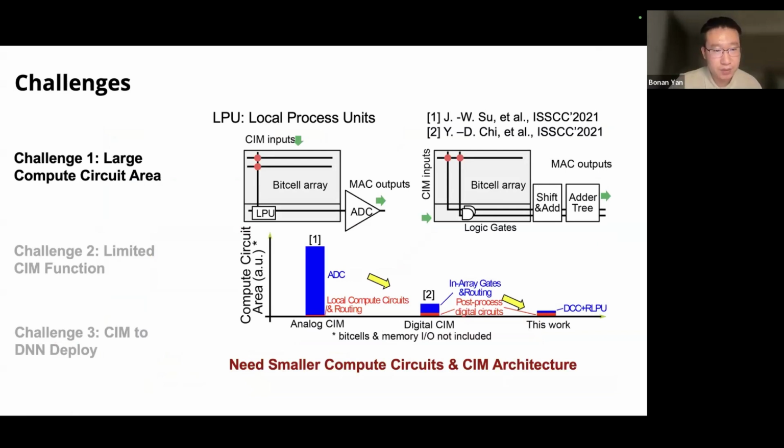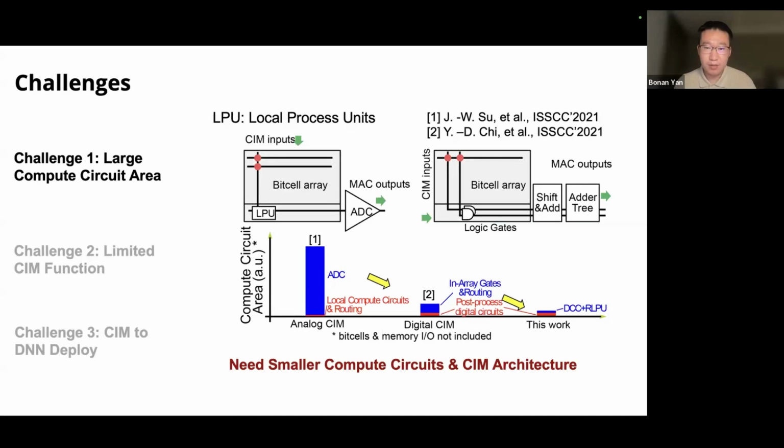We have concluded the challenges into three parts for this work. The first is the large computing circuit area. If we want to fuse computation and the storage function, we have to add additional circuits into the original memory macro.